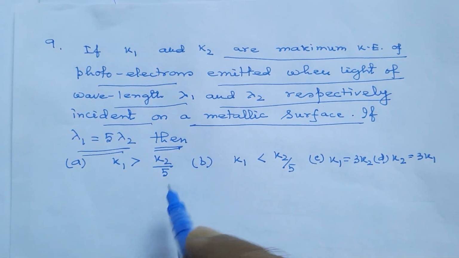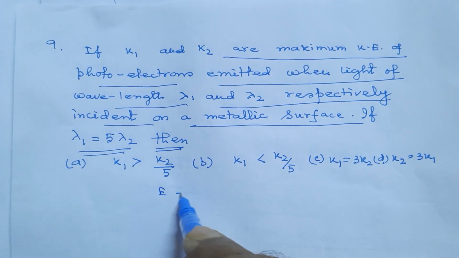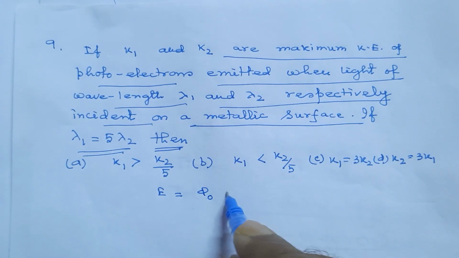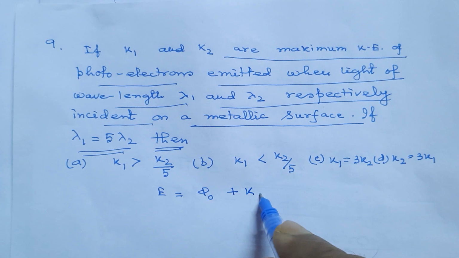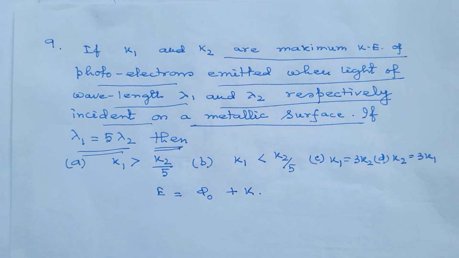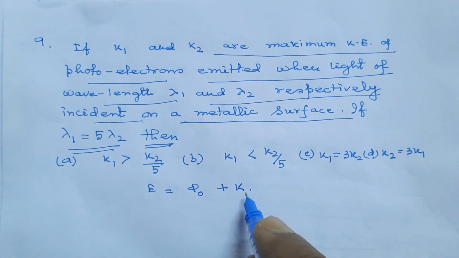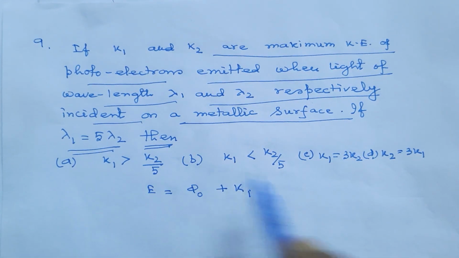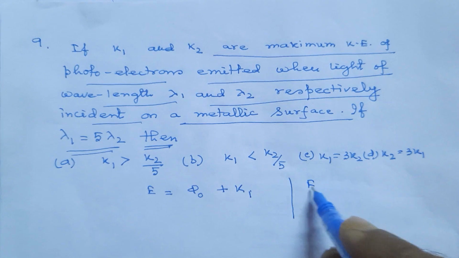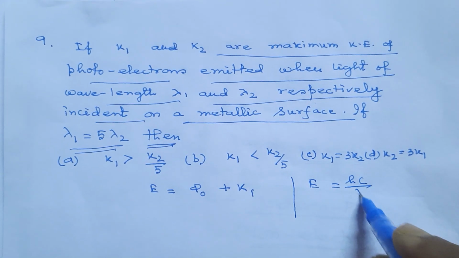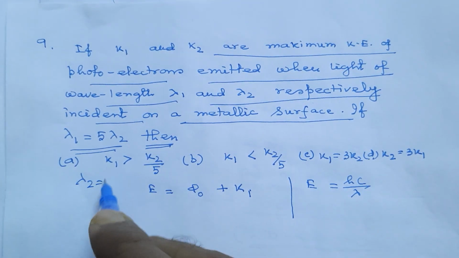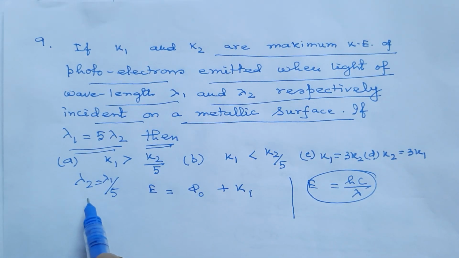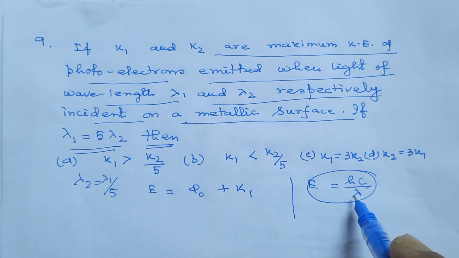We know that the total energy E is used in two ways: first as the work function, second as the kinetic energy of the photoelectrons. So for the first case, E equals phi 0 plus K1. For the second case, energy E equals hc by lambda. Here lambda 2 equals lambda 1 by 5, so the energy in the second case is 5 times the first one.